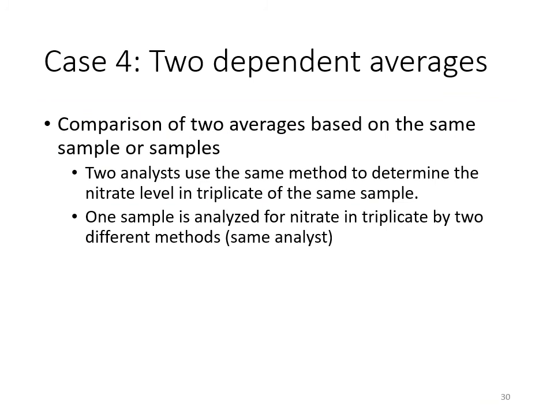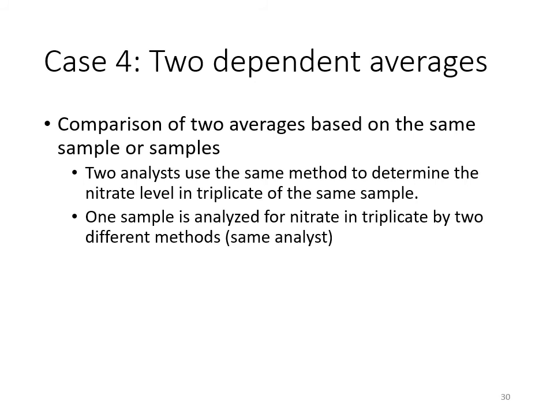The last case that we will consider is where the averages are dependent. So here the averages are based on the same sample or samples. So for instance, we have two analysts. They use the same method to determine the nitrate level in triplicate and the same sample.